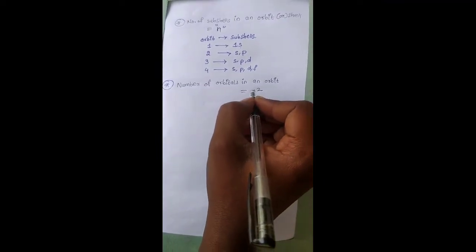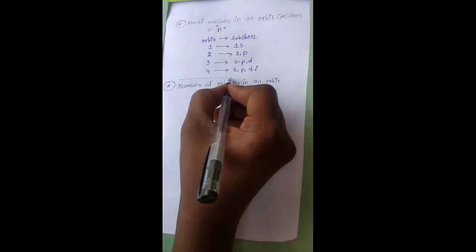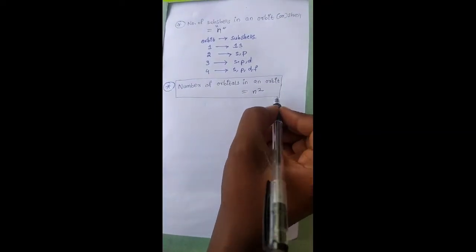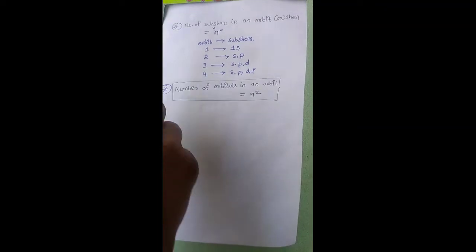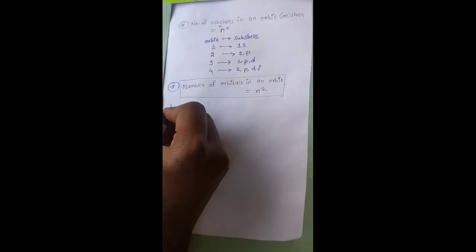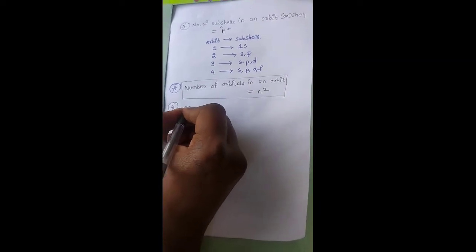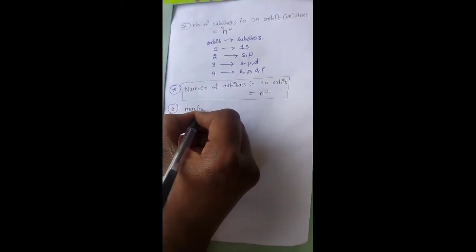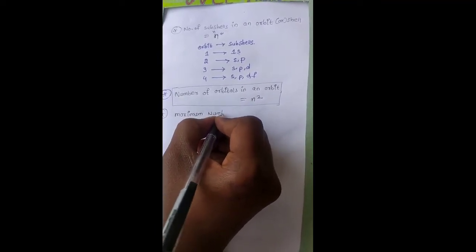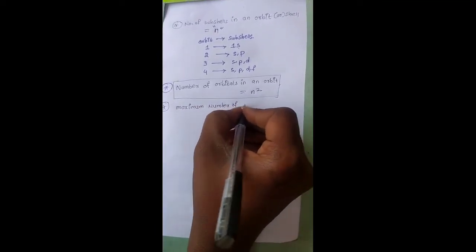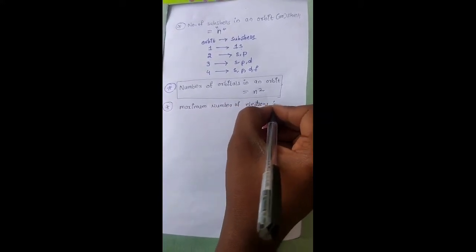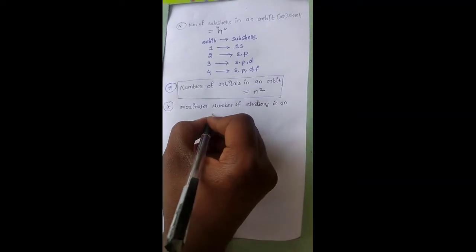Next, the maximum number of electrons in an orbit.